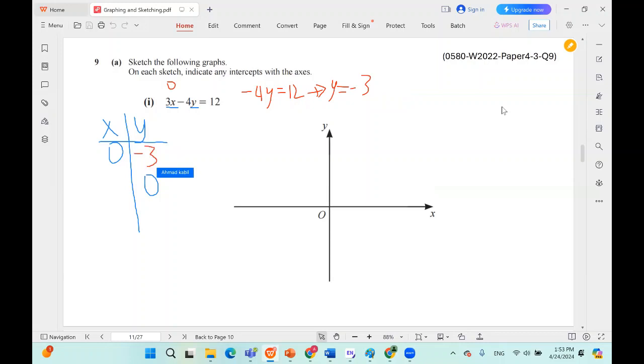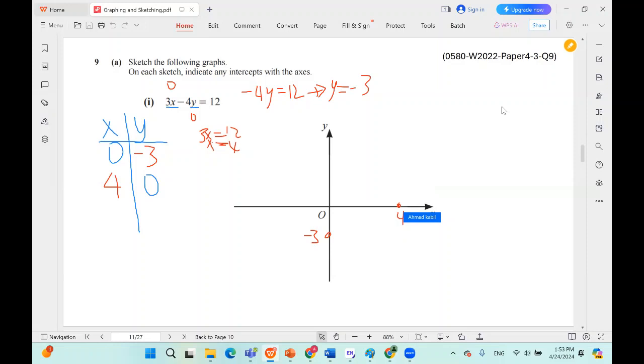And then when y is 0, 3x equals 12. So x equals 4. We just put 4 right there. So you have 0, negative 3, which is on the negative y-axis like this. And you have 4 and 0 right there.